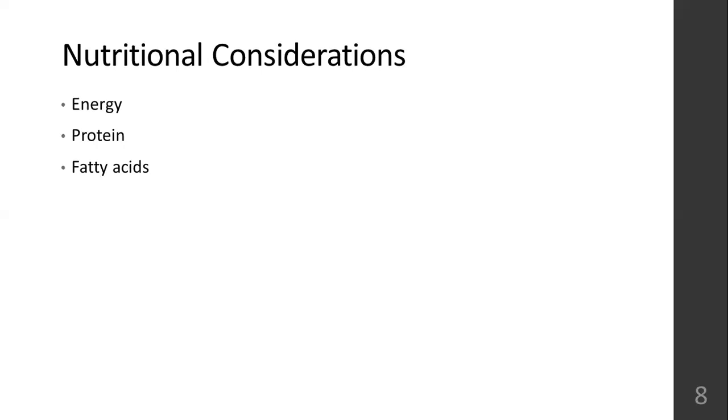Ghee, butter, vanaspati, they are fats. And 1 gram of fat can give you 9 kilocalories of energy. And the dietary source can be of two forms: invisible fat and visible fat. Invisible fat, you can't see it with your naked eye, but you know that this food is rich in fat.